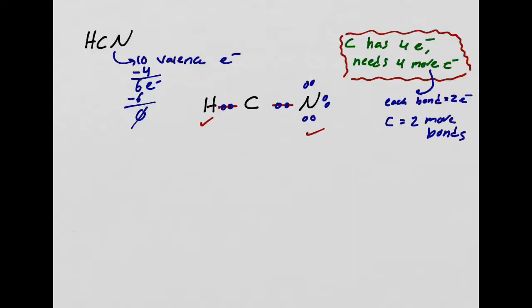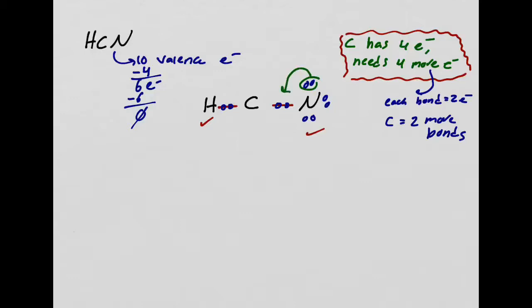I'm going to go over this one to make sure you're really understanding this. Carbon has 1, 2, 3, 4 electrons. It needs 4 more electrons to be 8. Good? Which means it needs 2 more bonds, because each bond is 2 electrons and it needs 4 electrons. So it needs 2 more bonds to have 8. Now I can't really take it from the hydrogen. My only option is nitrogen.